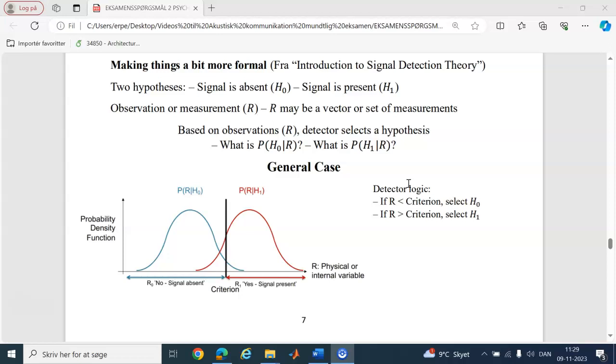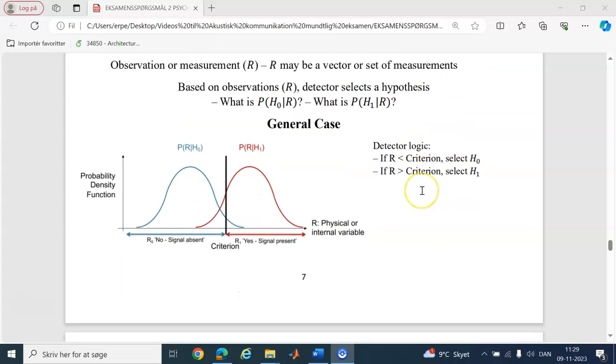And what is the probability of H1 if R has happened? We have some logic. If R is less than the so-called criterion, we select H0. If R is bigger than the criterion, we select H1.